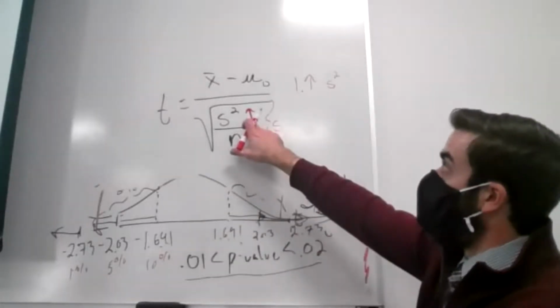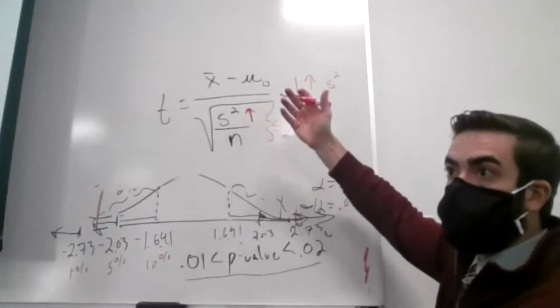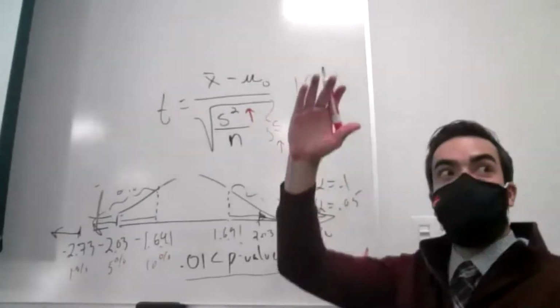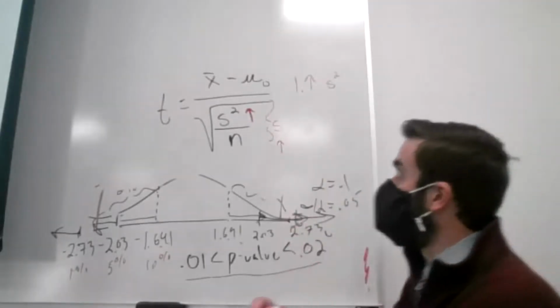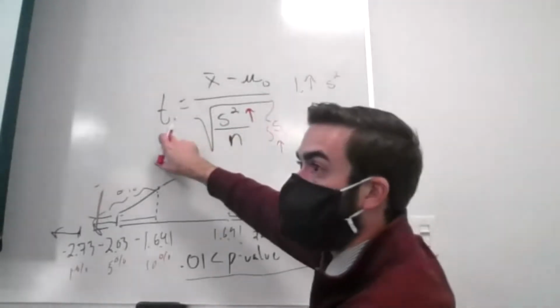Right? If this goes up, then my denominator here goes up as well, right? So this would get higher. So a higher variance would flatten out that distribution. If the denominator here is higher, what happens to my test statistic?